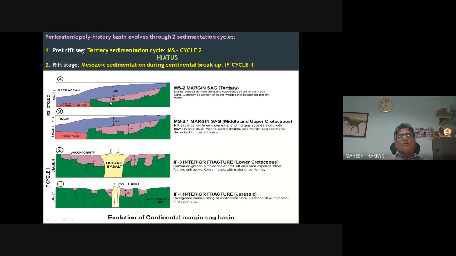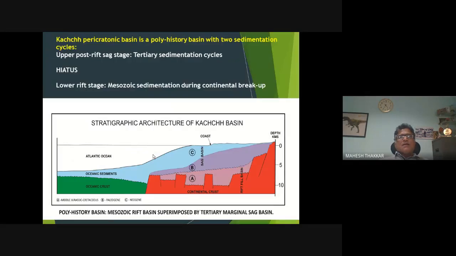Now they are tilting towards the open sea side. That is the basic understanding of the open sea embayment systems and the marine sag cycle during the Tertiary. These are the two cartoons which can give you the overall idea of the two major sedimentary cycles.